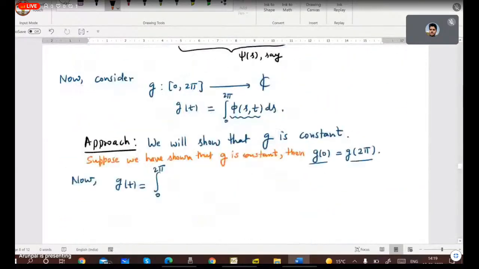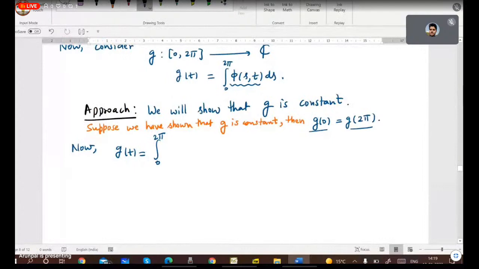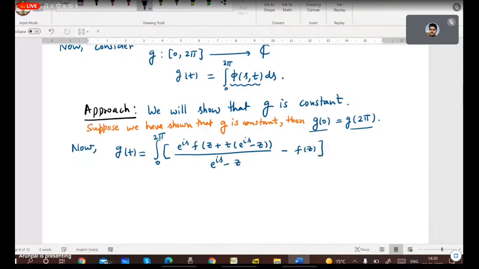So let us put this: e^{is} f of z plus t(e^{is} minus z), divided by e^{is} minus z, minus f of z. This is how we defined phi of s comma t, and this is ds.